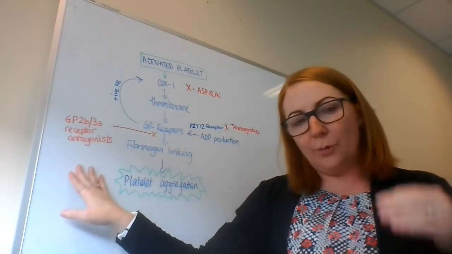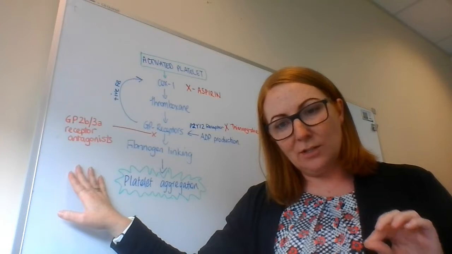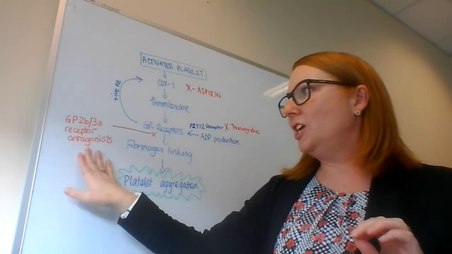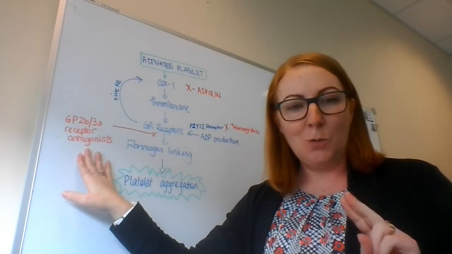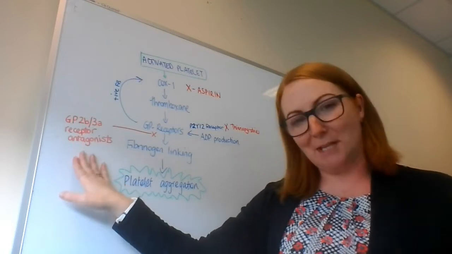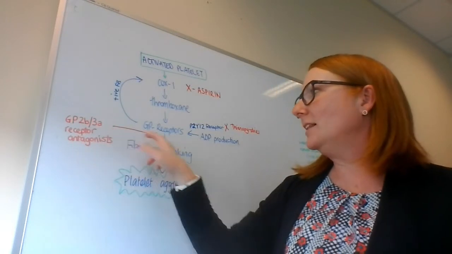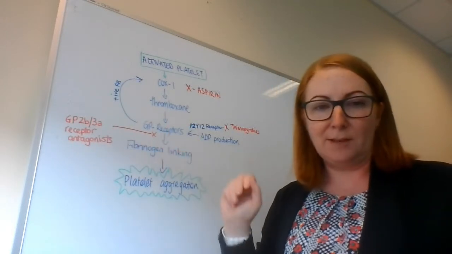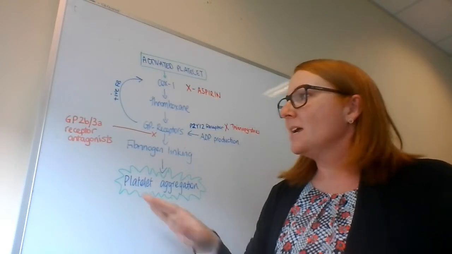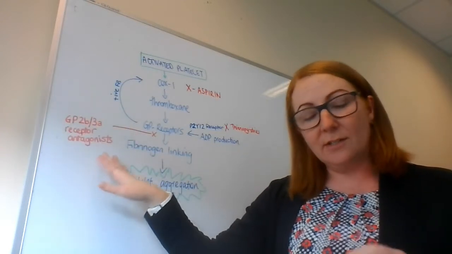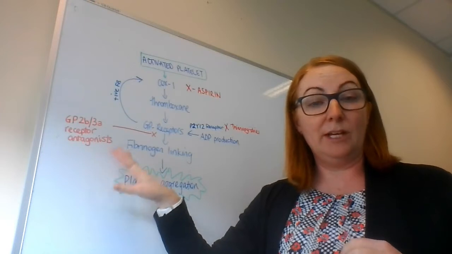And the third and final group of antiplatelets that I wanted to mention are the GP 2B3A glycoprotein receptor antagonists. So they directly inhibit the glycoprotein receptors on the platelet. These particular agents currently are only available intravenously.